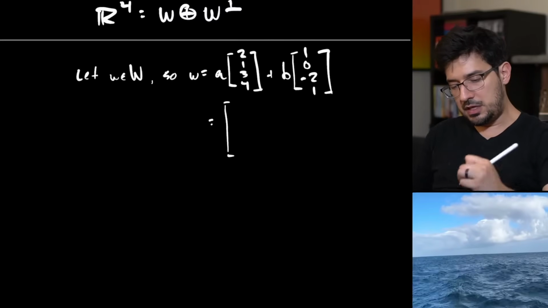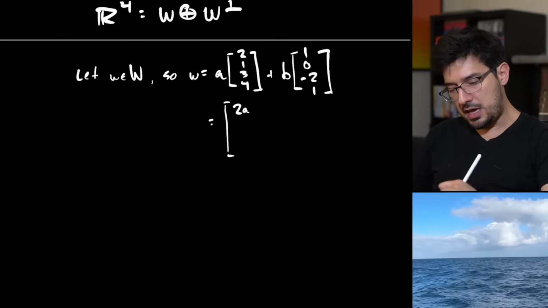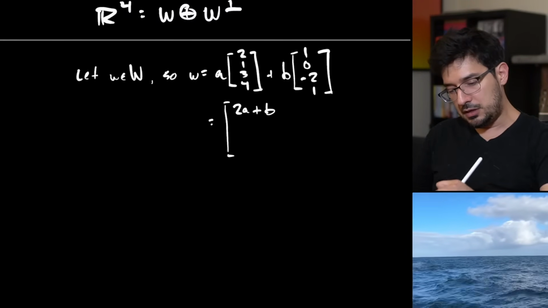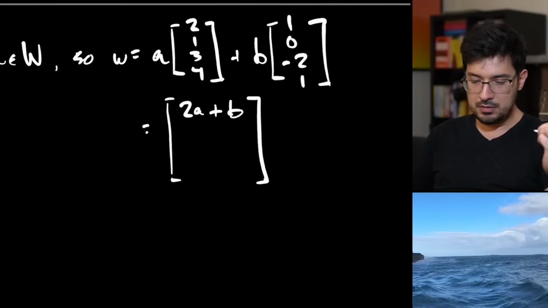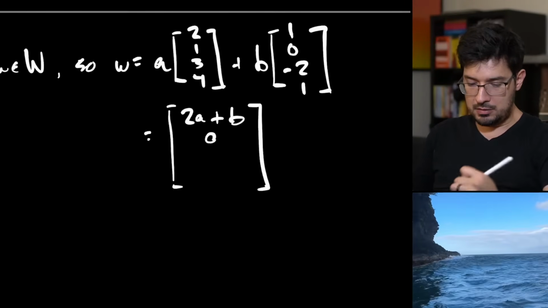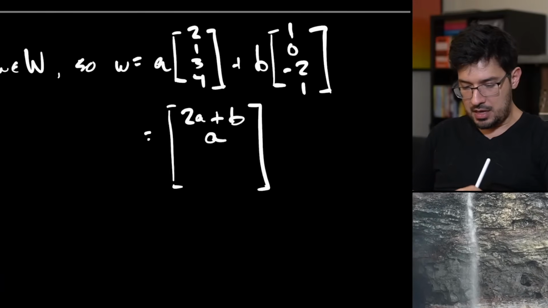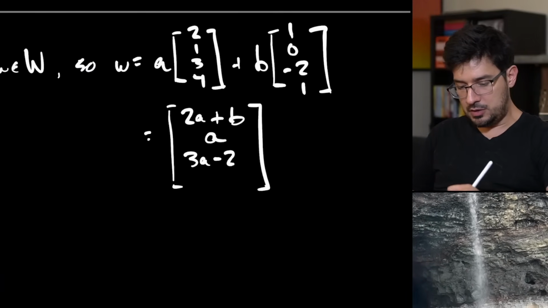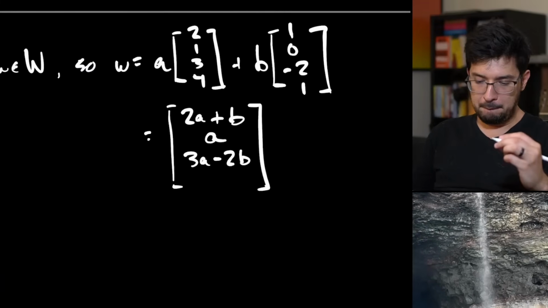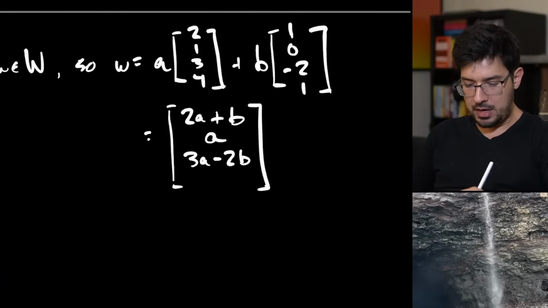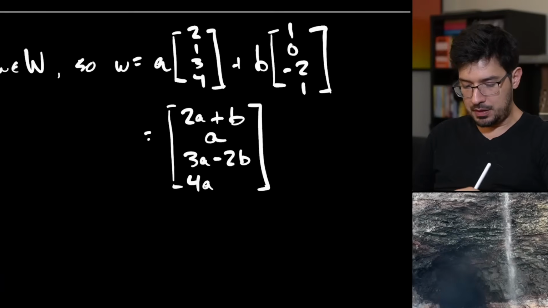So now we can write this as 2A plus B, A, 3A minus 2B, 4A plus B.